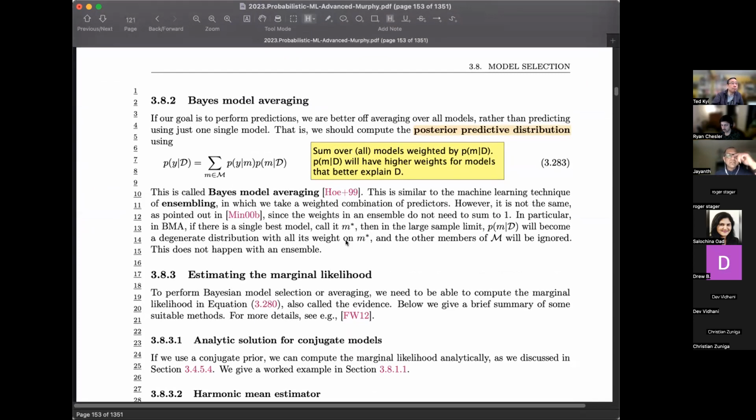And so this is trying to explain ensembling using a Bayesian setting. You can write this from a mathematical perspective.